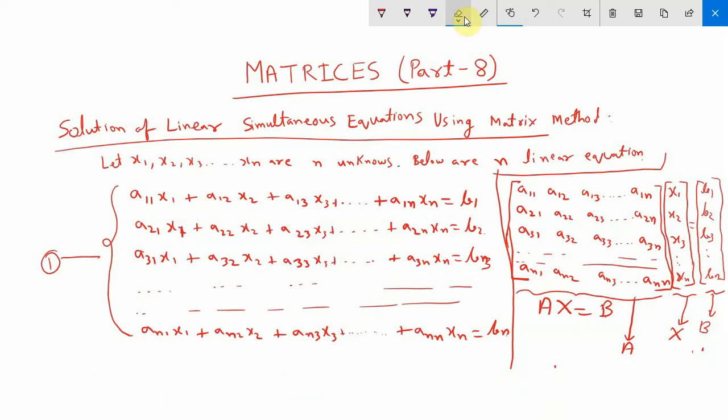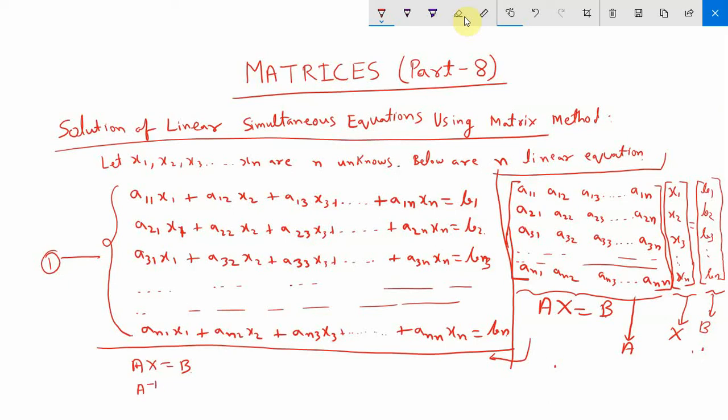Okay. Now we know AX equal to B. So AX equal to B, so we can multiply A inverse on both sides.